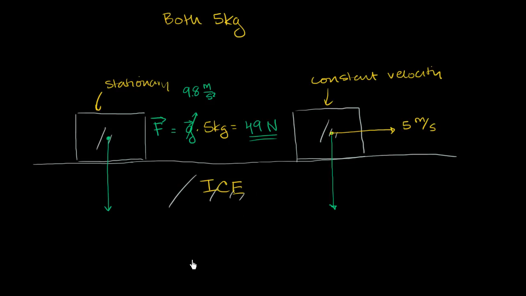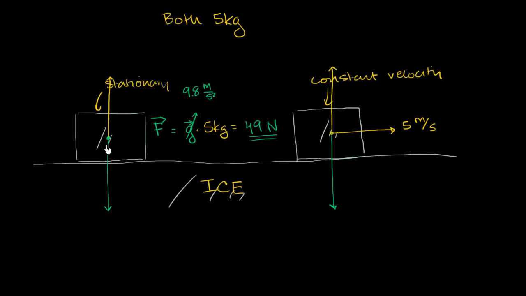And you say, well, I guess if these things would be falling, if not for the ice, the ice must be providing the counteracting force. And you are absolutely correct. The ice is providing the counteracting force in the opposite direction.